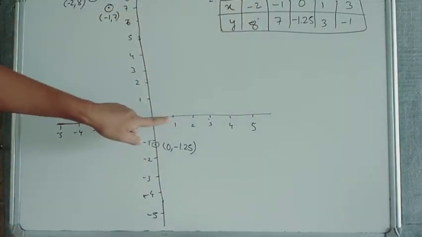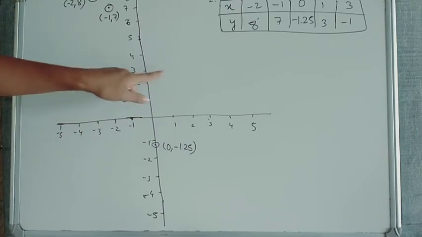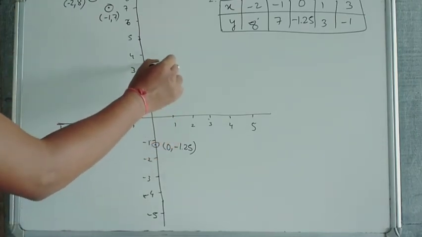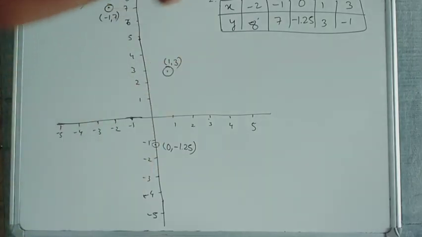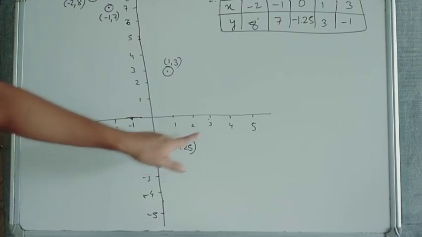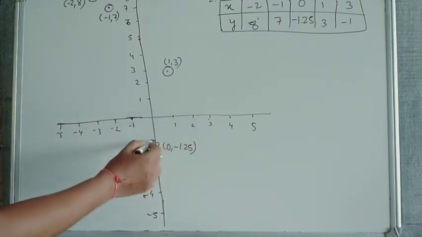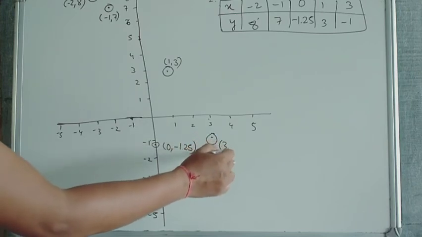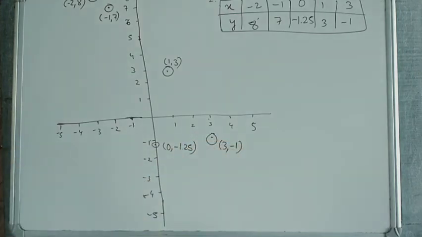X value is 1, y value is 3, so it will come somewhere here. Then x is 3, y is minus 1, so it will be somewhere here. That is 3, minus 1. So these are your answers.